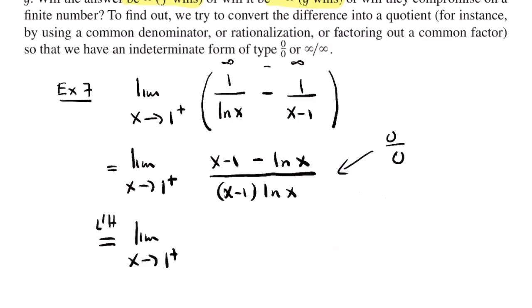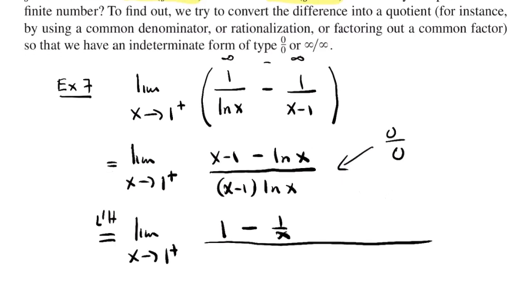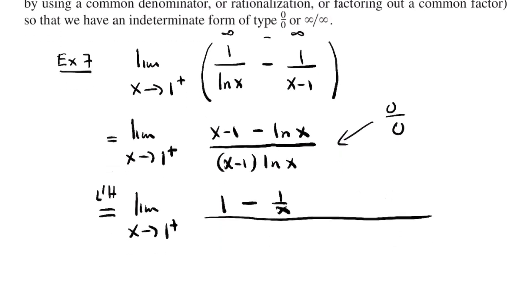Differentiation is going to be a little bit more complicated this time. In the denominator, we have to use the product rule. In the numerator, it's not bad. It's 1 take away 0 minus 1 over x. Okay, that's the derivative of our numerator. The denominator, we've got to use the product rule. So it's the derivative of x minus 1, that's 1, times log x, minus x minus 1 times the derivative of log x, which is 1 over x.